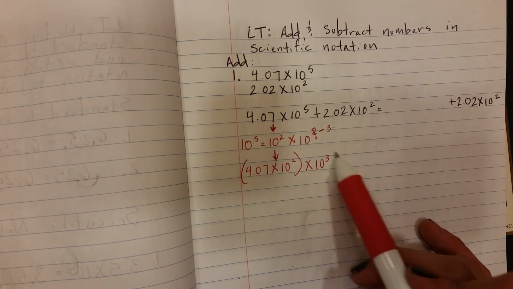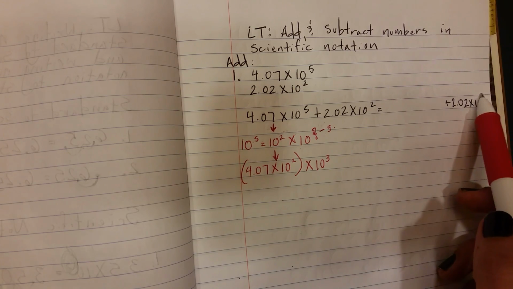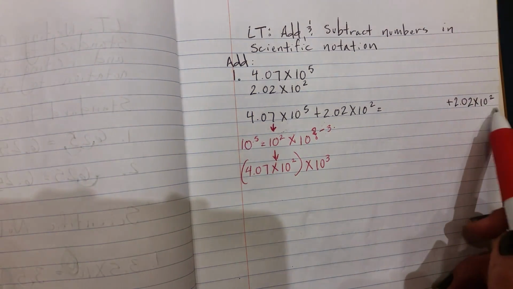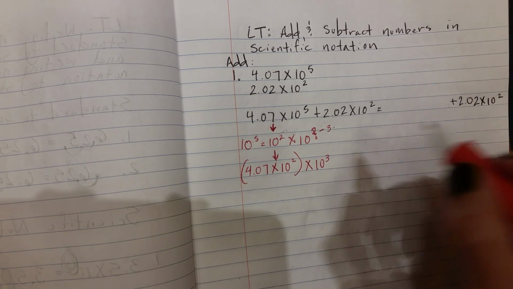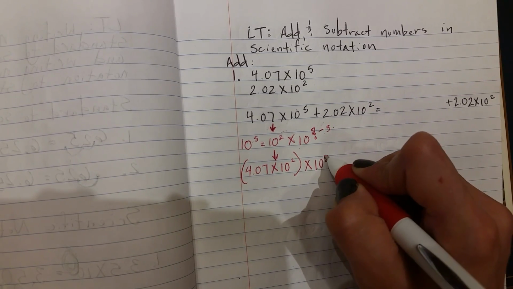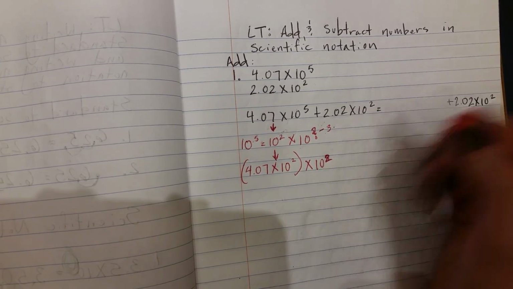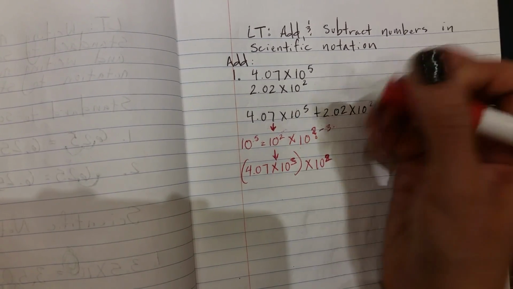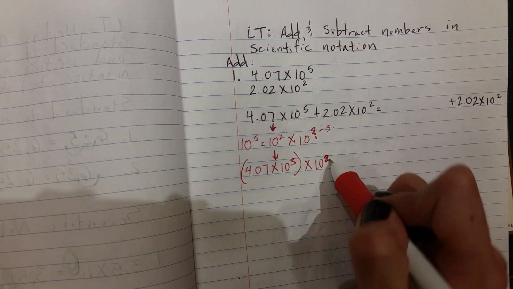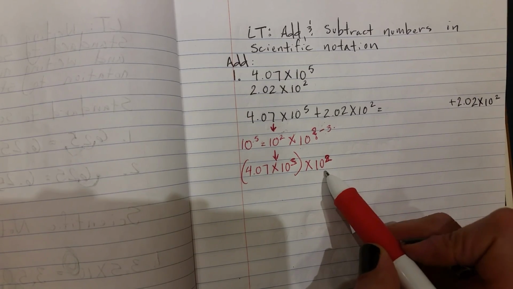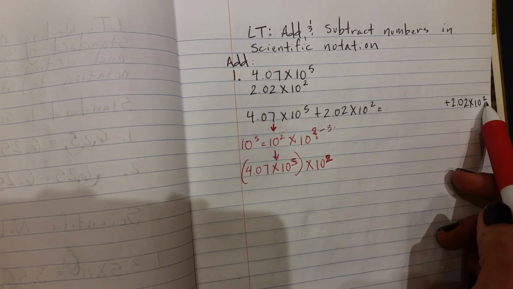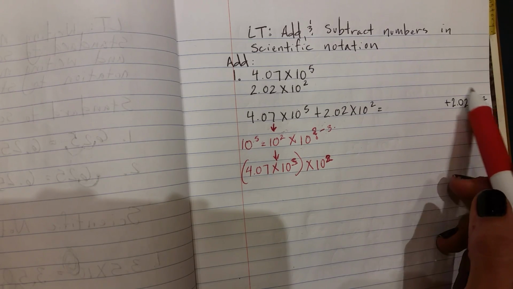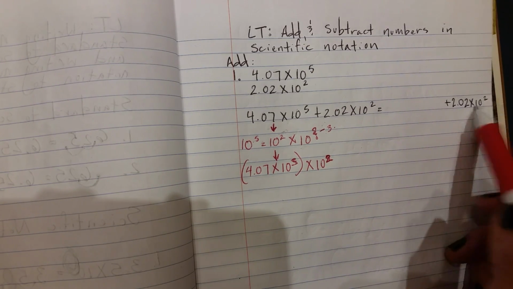We want the outside exponent, the one that is the same as our exponent here, to be on the outside of the parentheses. So this is a my bad moment. Whoops, marvelous mistakes. 10 to the third power should be here, 10 to the second power should be here, because we want 10 to the second power, the same one that's attached to our one in scientific notation over here.